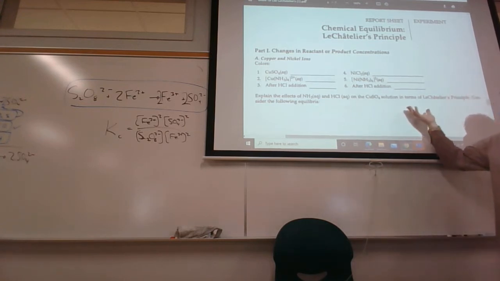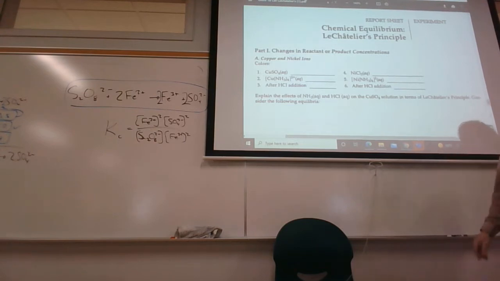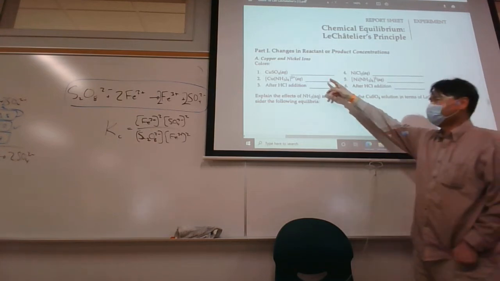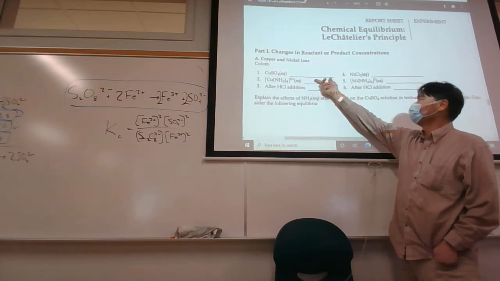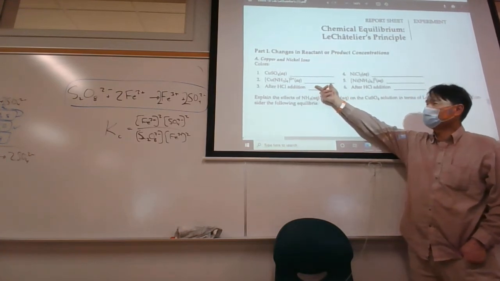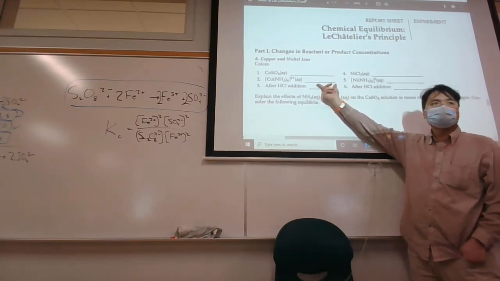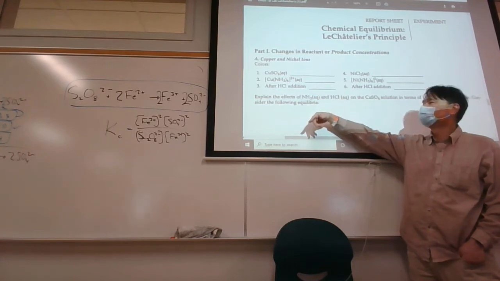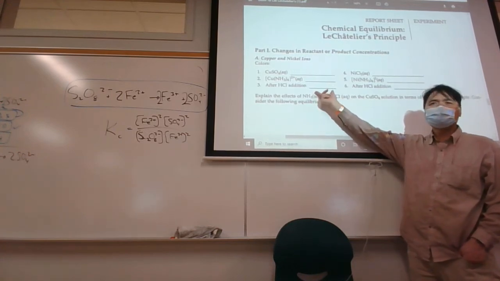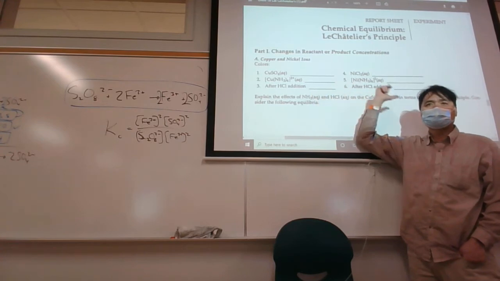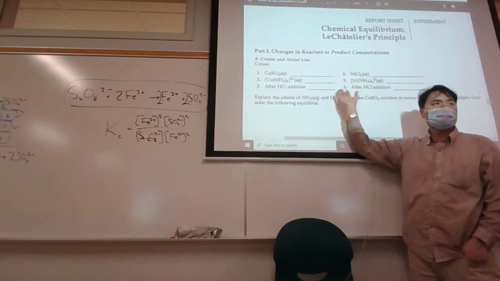But for Le Chatelier's principle, we're just going to fill in the blanks. So they asked us for the colors. The color of copper-2 sulfate was light blue. The tetraamminecopper-2 ion was dark blue or a deep blue color. After the addition, what happened? What did the color change to? So we just fill in the blanks with the colors here.